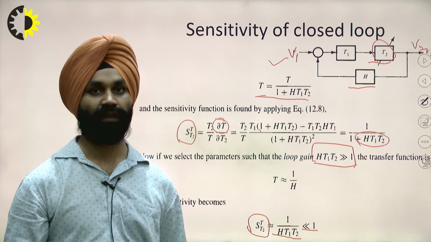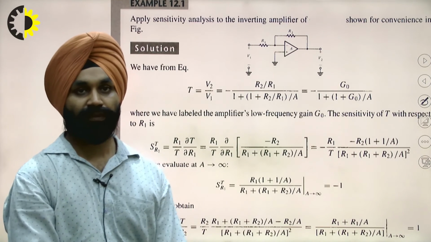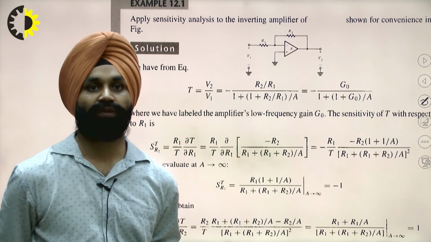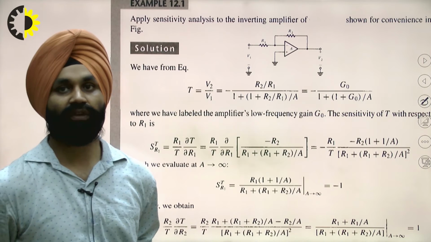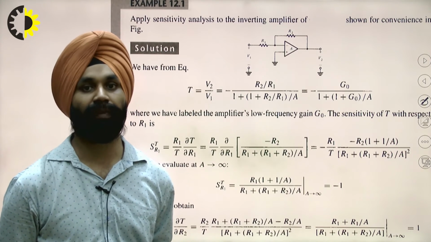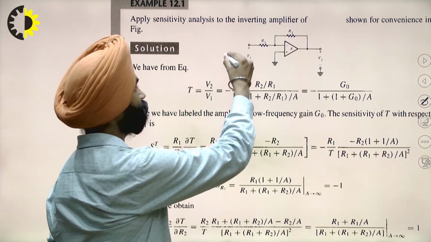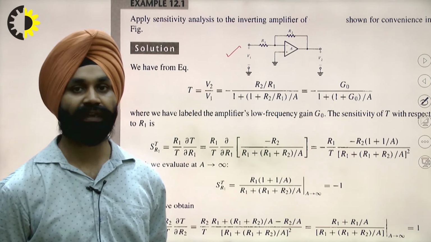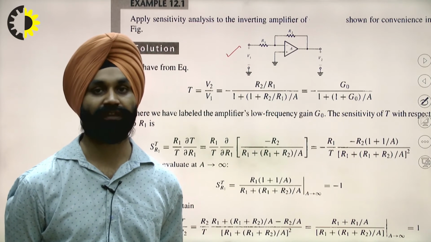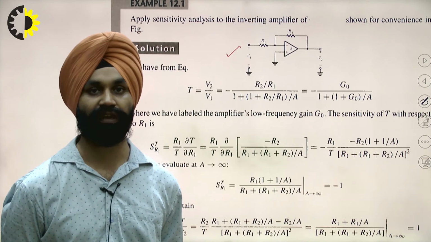So let's take an example of how the sensitivity varies for the open loop and the closed loop by using this circuit. I'm taking this example from the textbook that we are referring.